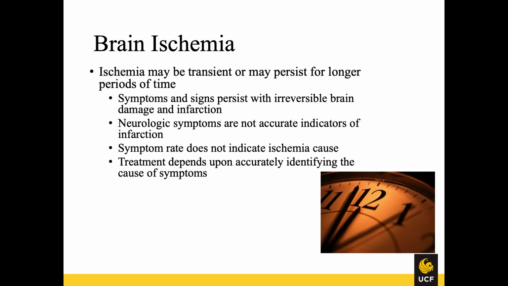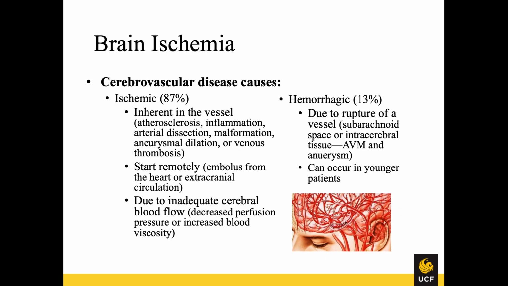The symptom type does not indicate the ischemic cause as well, and treatment depends upon accurately identifying the cause of symptoms. Very, very important. When we break apart cerebrovascular diseases, we can basically lump them into one of two major categories.